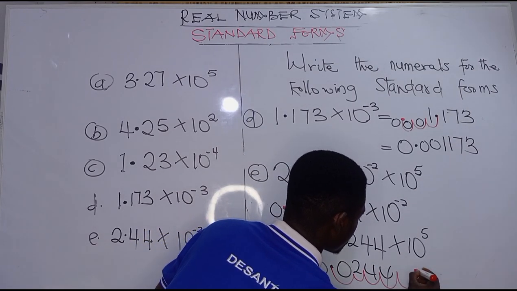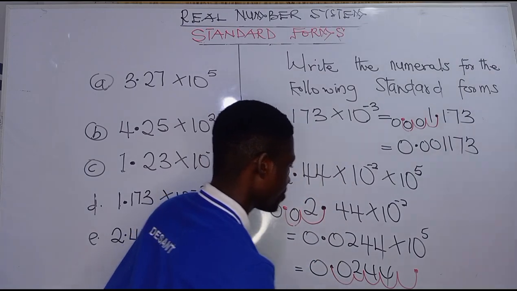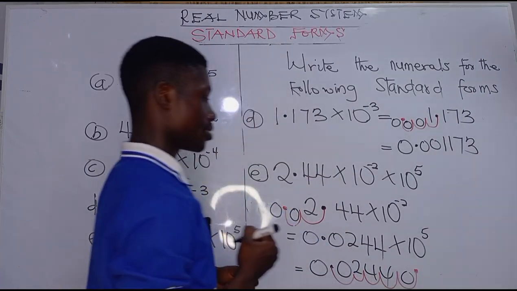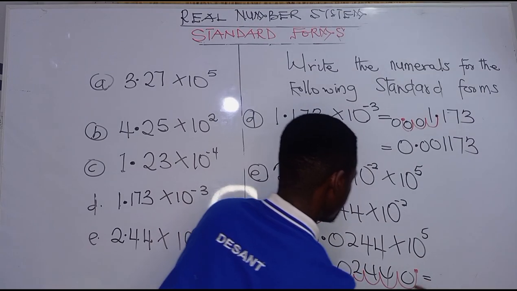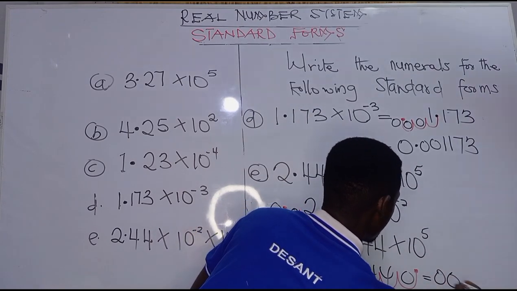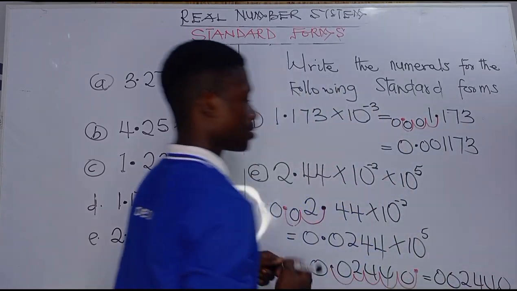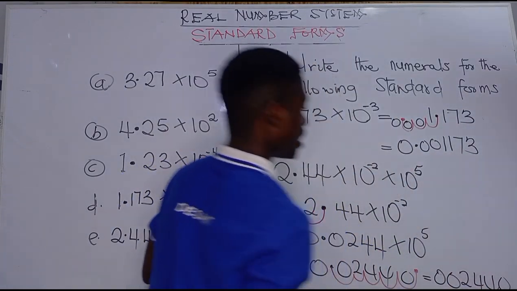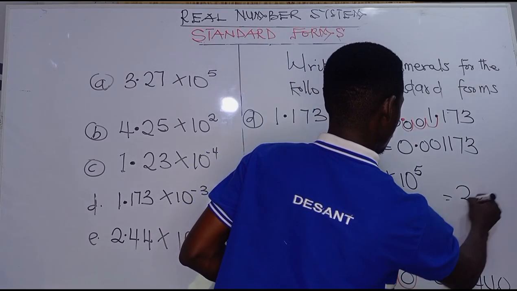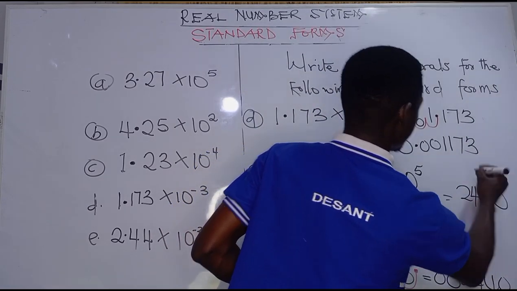So our decimal point is here, and then we fill each gap with 0. So we are going to get 0, 0, 2, 4, 4, and then 0. And we know that this is the same as 2, 4, 4, 0.